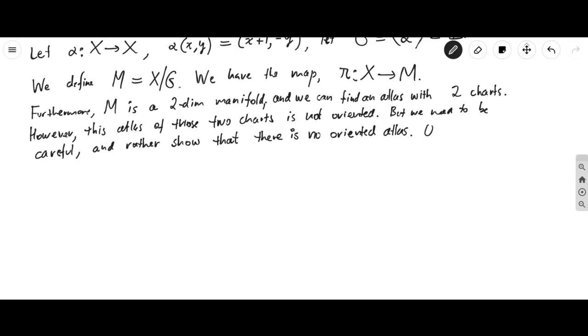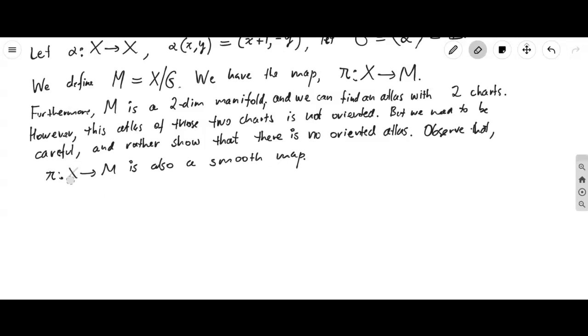So observe that pi from X to M is also a smooth map. This is not difficult to check. I think this would be a good problem on the homework. We talked about what it means.